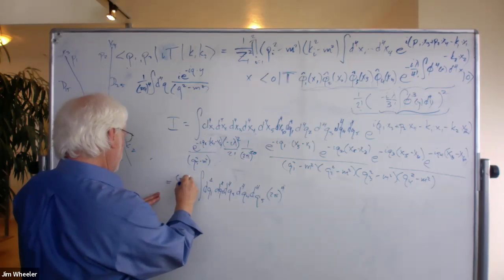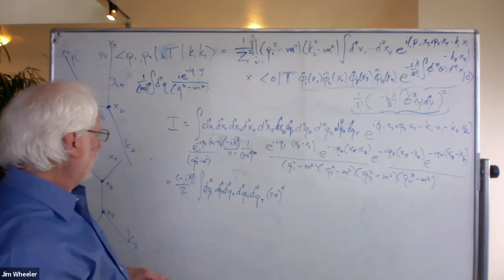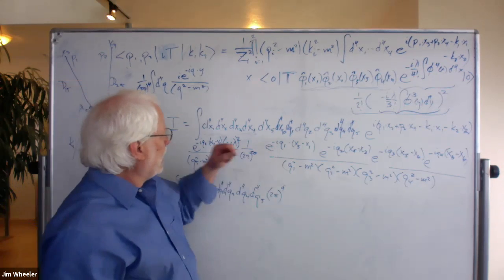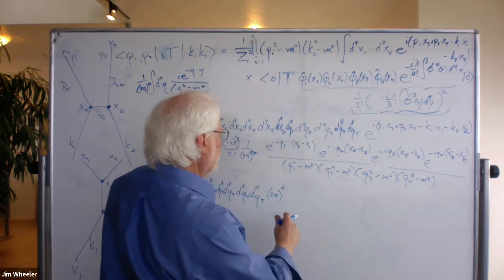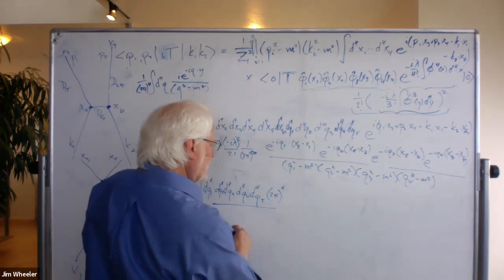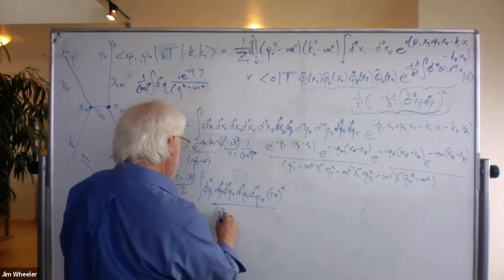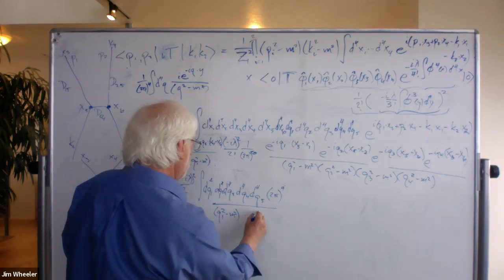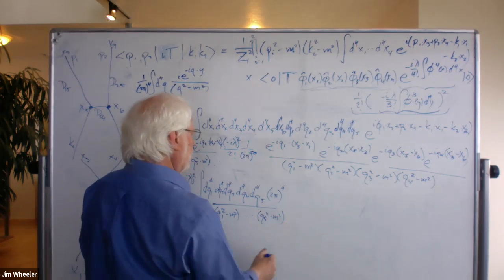So that may handle those. There's minus i lambda squared over 2. And now we have just a bunch of Dirac deltas and these denominator things: Q1 squared minus M squared up to Q5 squared minus M squared.